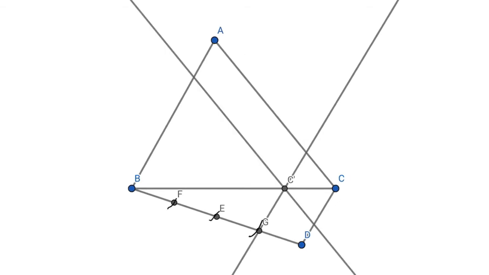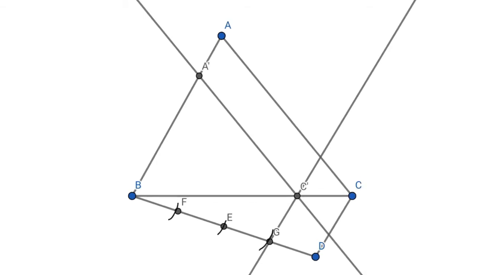Now we are going to draw a line parallel to AC which passes through C dash. This intersects the line AB at A dash. So we have got this triangle A dash B C dash, which is the required triangle, and whose sides are 3/4 of sides of the triangle ABC.